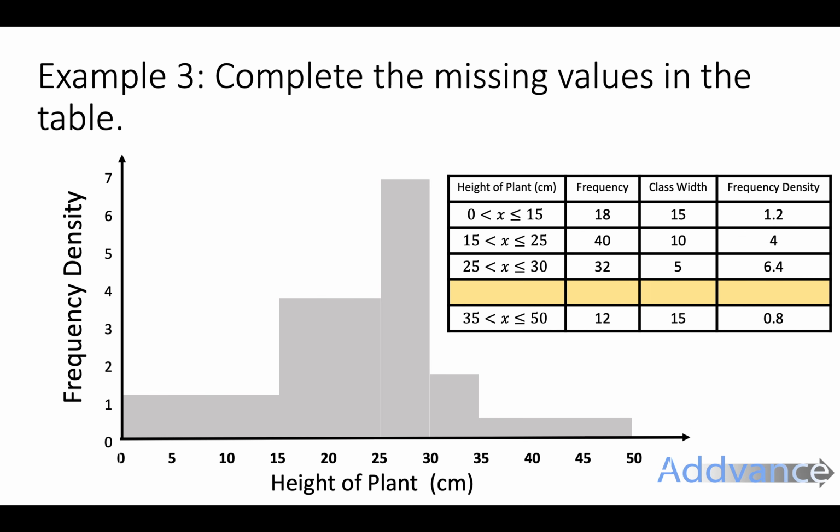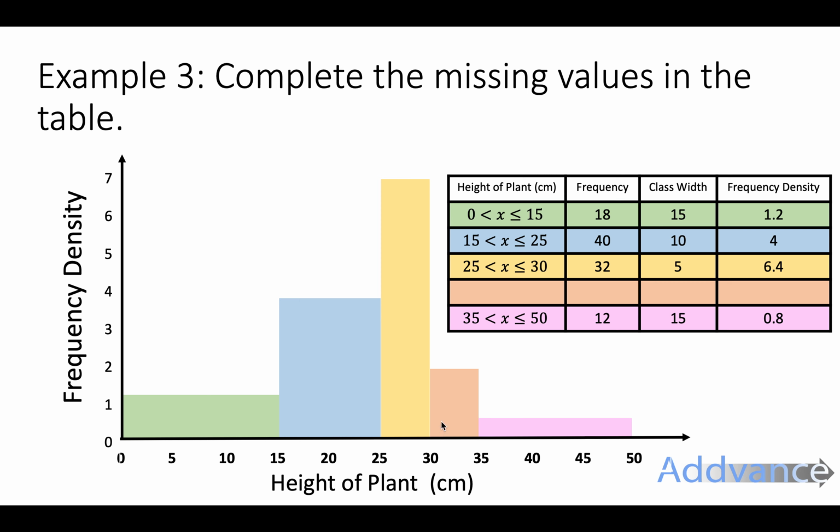Finally, we've got a missing column on a row on our table. And we're going to try and fill that in using the histogram that's already drawn. So we're going to use the same histogram, so just pretend you haven't seen it before. But we've got the corresponding bars here labelled in different colours. And we're interested in this orange bar here.